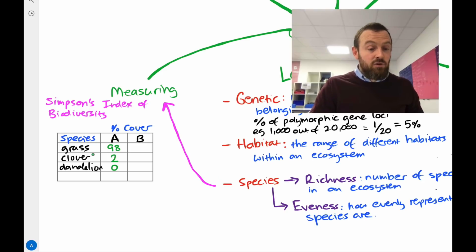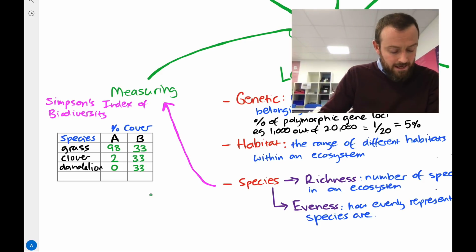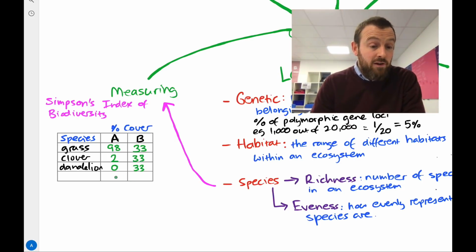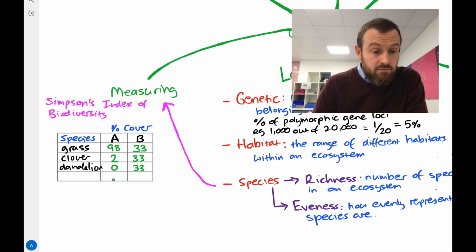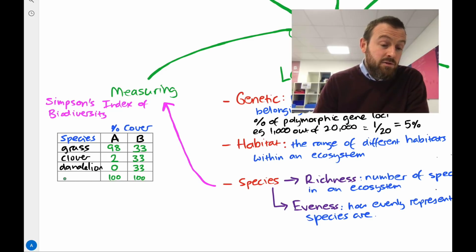There's an abundance of grass and very little of anything else. Now let's say field B has got 33% of each, like this. So there's 3 species and they're roughly evenly weighted, 33 and a third, let's say. So the total percentage cover in each place is 100. They add up to 100, so this is the total.